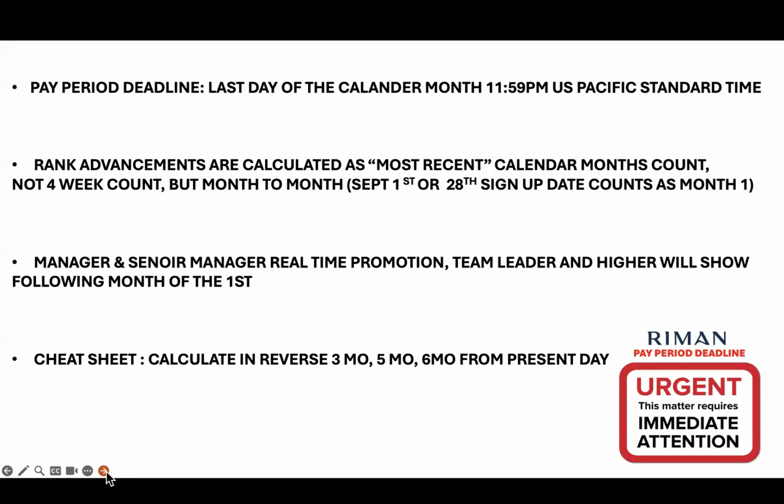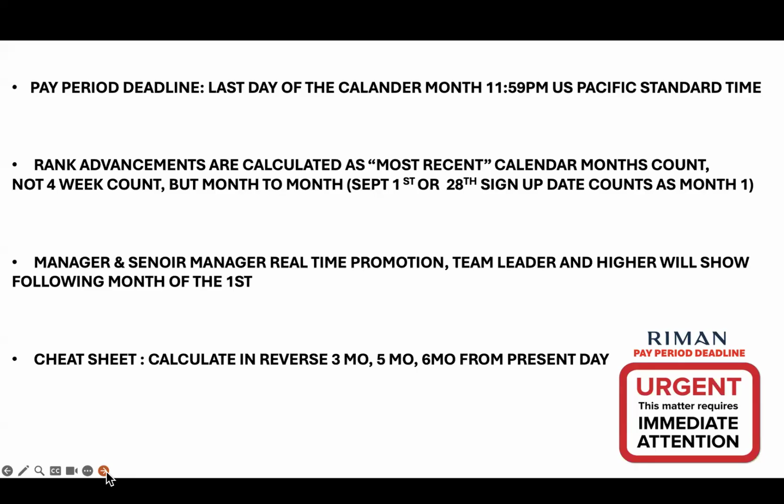Okay. So when you first get started, obviously you're a planner. The next position is manager and then senior manager. So manager and senior manager get promoted real time. So let's just say you get the job done on the next update, you will be promoted in real time, as long as you have met the qualification.